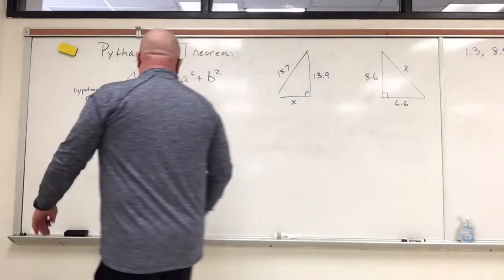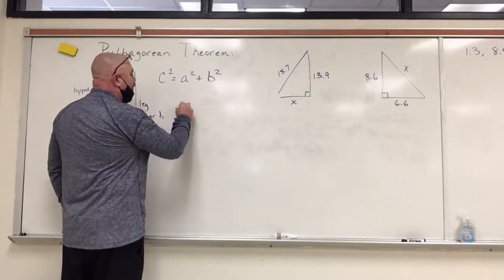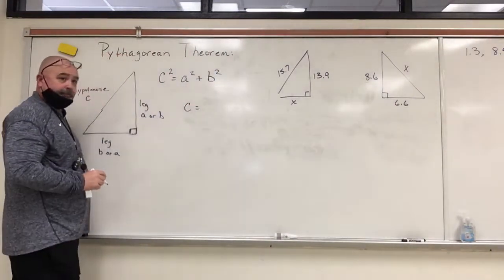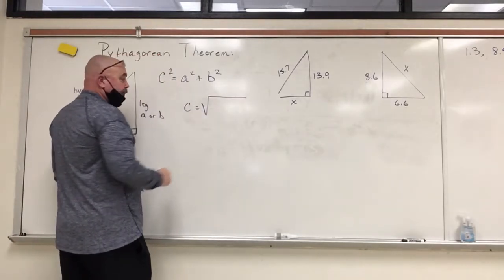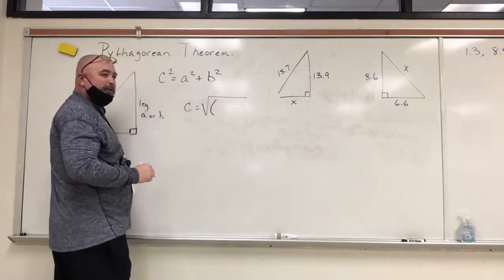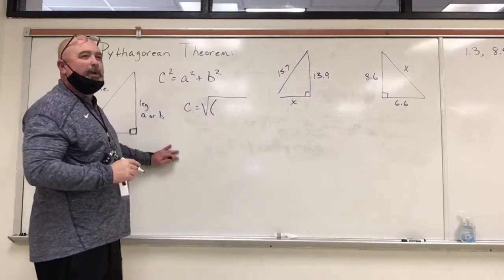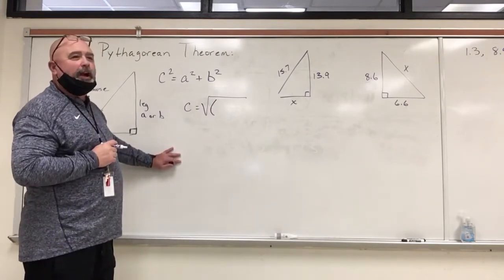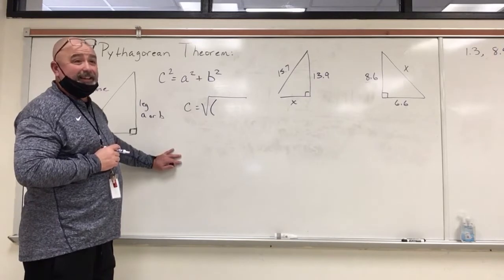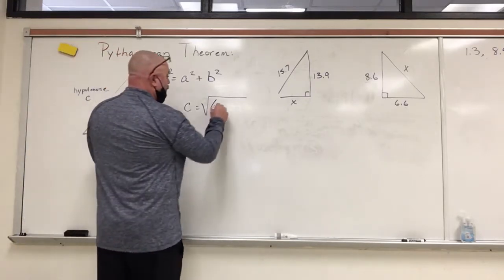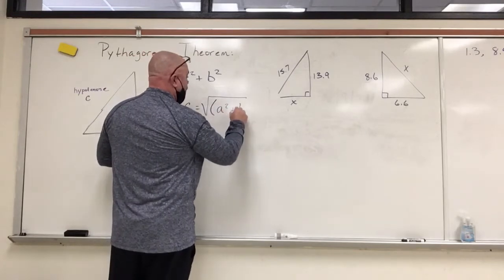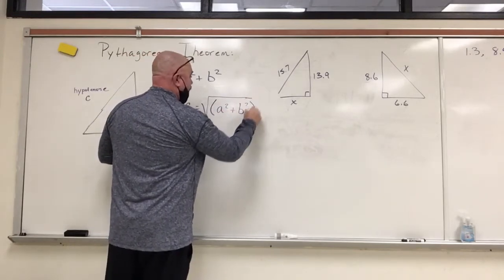If I'm looking for side c, I'm going to take the square root, and I'm going to put parentheses because you can do all this in your calculator and you need to type it in just like it is. So c is equal to the square root of (a squared plus b squared).